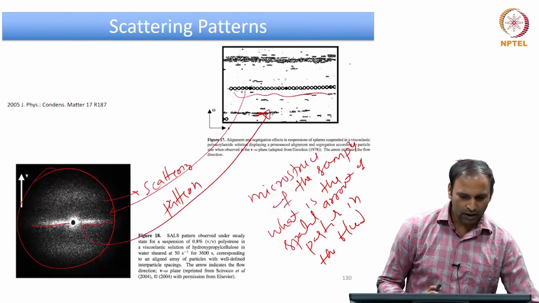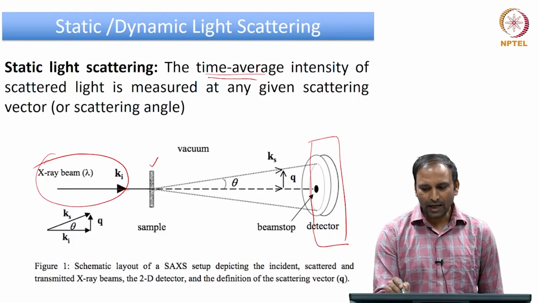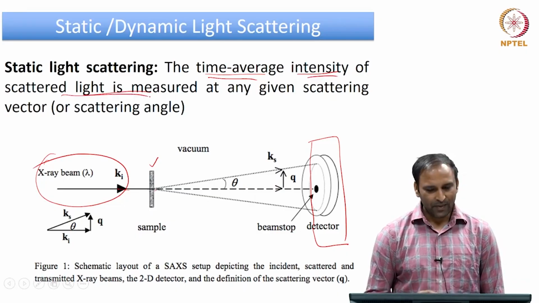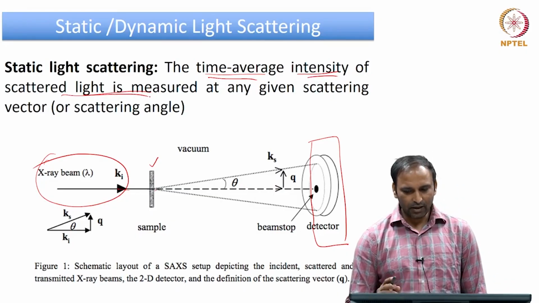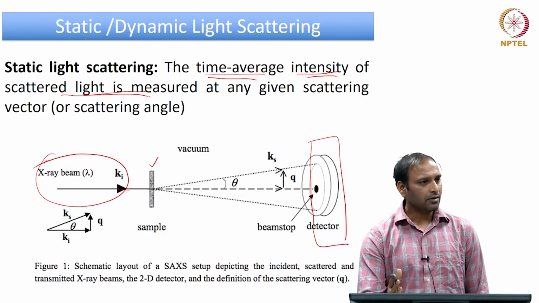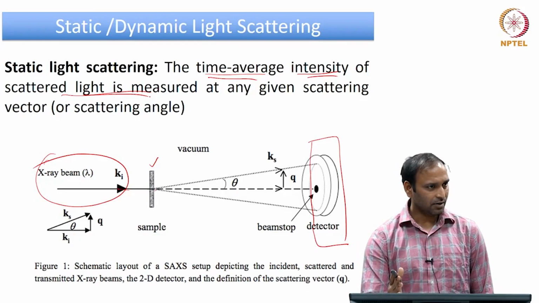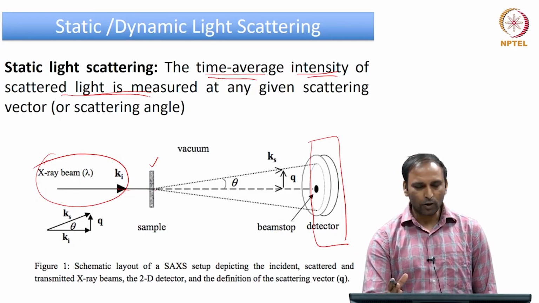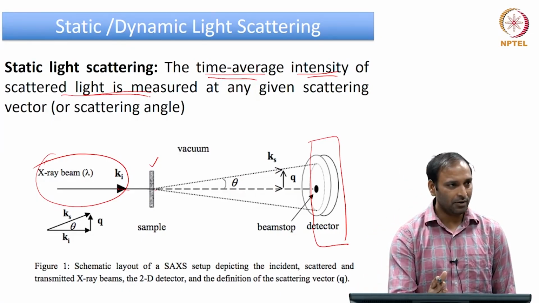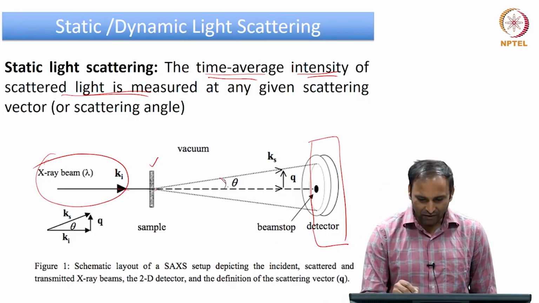So in a typical static light scattering experiment, you measure the time average intensity of the scattered light. It is measured by fixing your screen or a camera at a particular location, and depending upon the location, whether it is very close to the sample or very far away from the sample, this theta will vary.